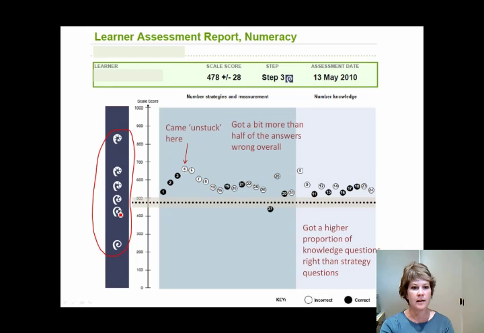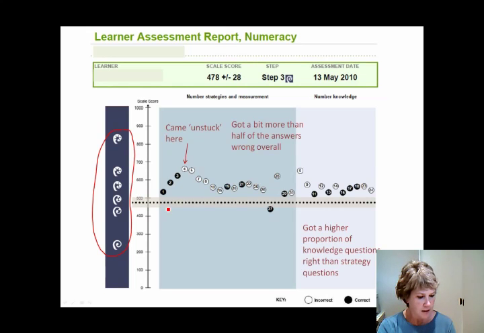So the little fronds on the Koru represent the numeracy progression step level. So this is a step 2, step 3, step 4, and so on. For our purposes about finding out what next teaching steps might be for a learner, this Koru step level scale is the one of most interest.